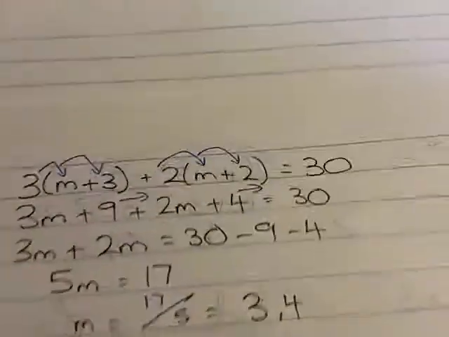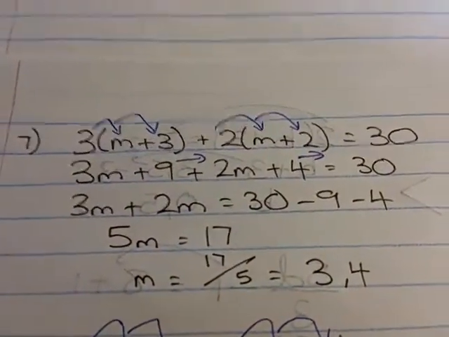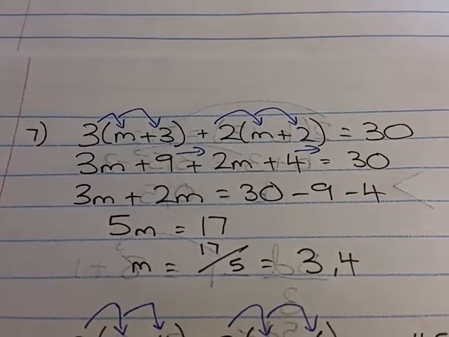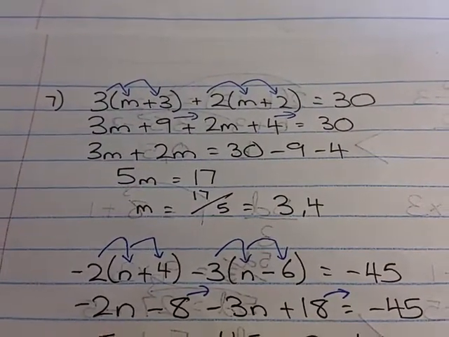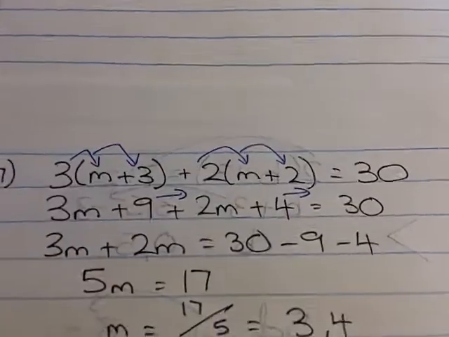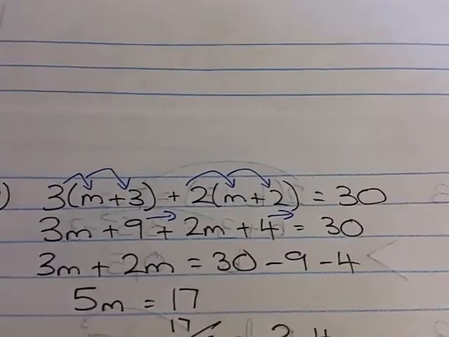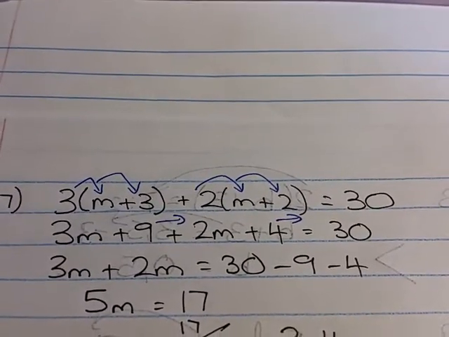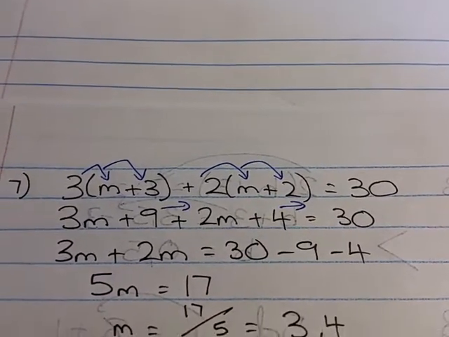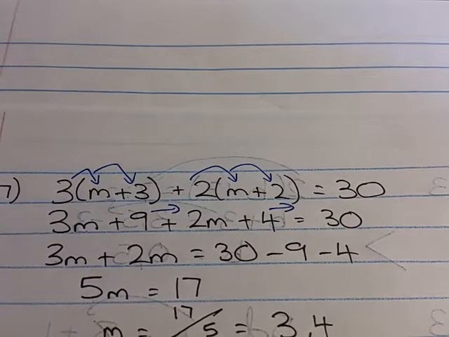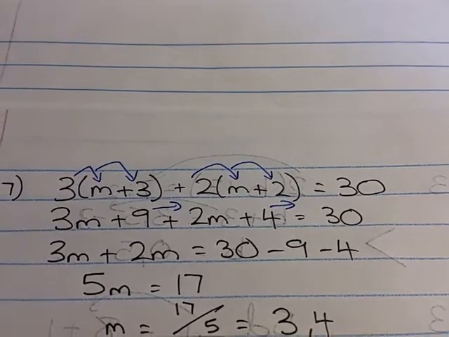And then finally, number 7. Both of them are going to require you to do distributive law, in order to break the brackets, because the brackets are kind of getting in the way. So 3 into m plus 3 gives you 3m plus 9.